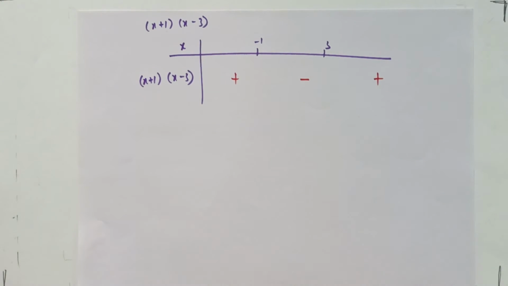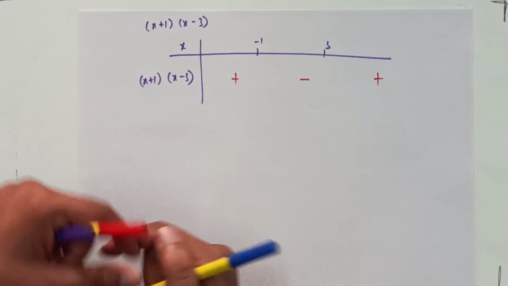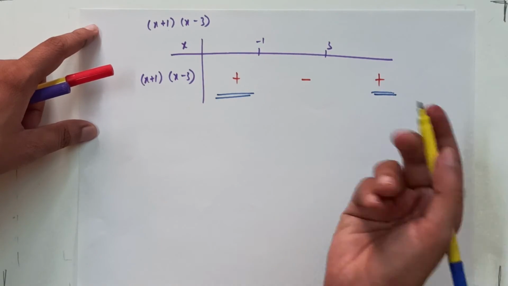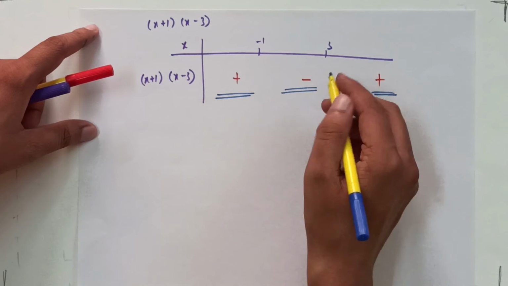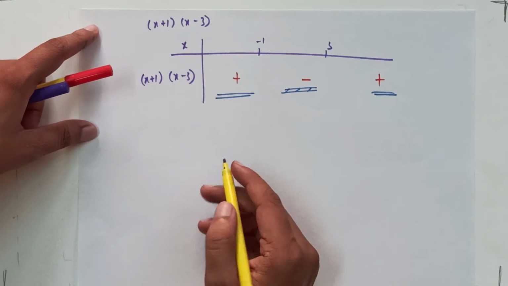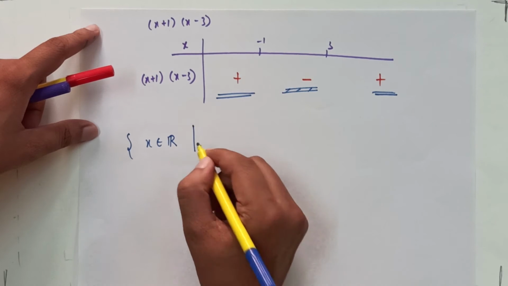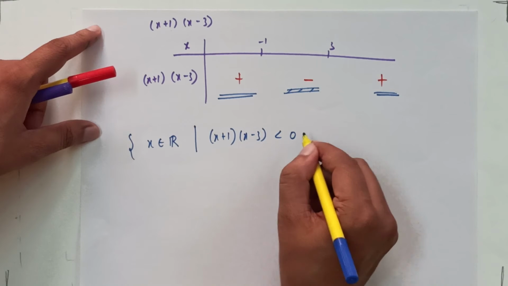I have also written the solution set in our previous videos. The solution sets were written for both cases, where our inequality was greater than 0 and where it holds for less than 0. So that was x belongs to R such that x plus 1, x minus 3 is less than 0.